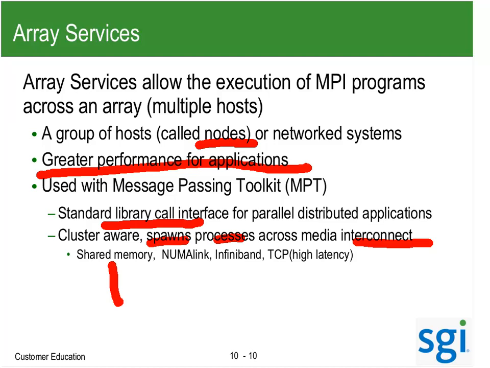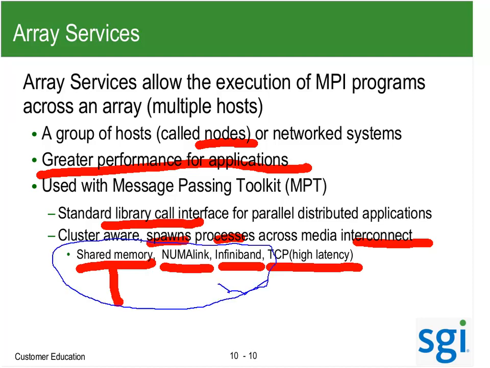lowest latency situation. The other options, though, MPT will automatically look for other interconnects and say, do you have NumaLink, do you have InfiniBand, or is it just TCP, a normal GigE network interface? In fact, we have customers out there that run all three of these within the same cluster.